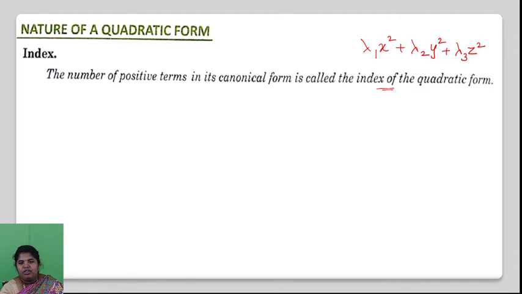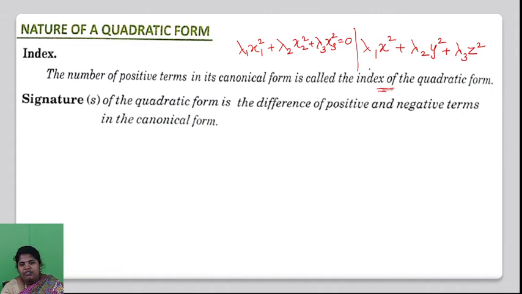If the variables are x1, x2 and x3, the corresponding canonical form is lambda 1 x1 square plus lambda 2 x2 square plus lambda 3 x3 square. So the number of positive terms in the canonical form is called the index. How many positive eigenvalues we have, that corresponds to the index.